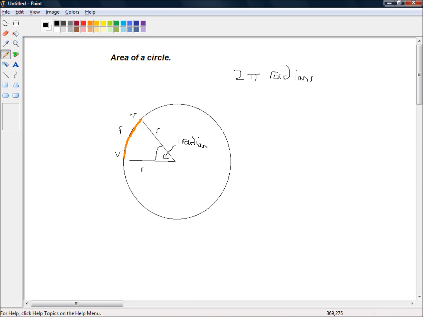You won't abandon degrees unless you're planning to take your maths beyond the GCSE syllabus and into your A levels. And you won't get any extra points at GCSE level for using radians, so pretend you didn't hear this from me, and when you do hear about radians, if you do take A levels, just pretend that it's a surprise to you, that you've only just learned about it.